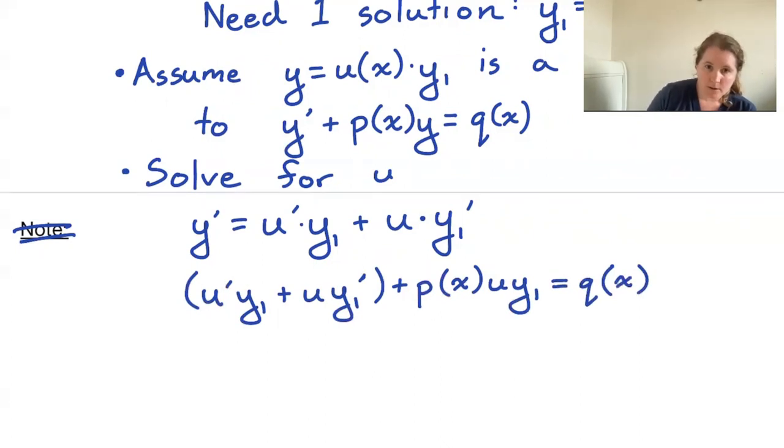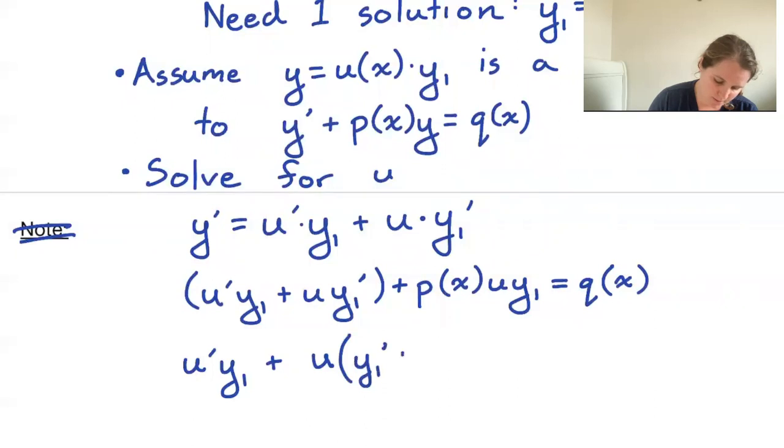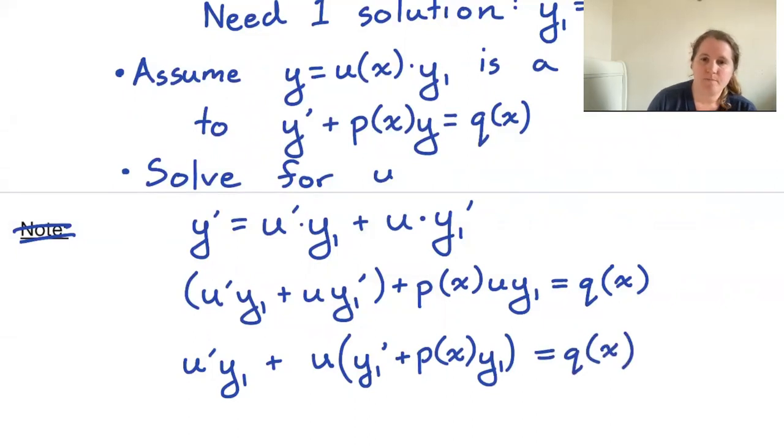If we rearrange this, we have u prime y1 plus, pulling out a u from the next two terms, y1 prime plus p of x y1, and that whole thing is being multiplied by u, equal to q of x.